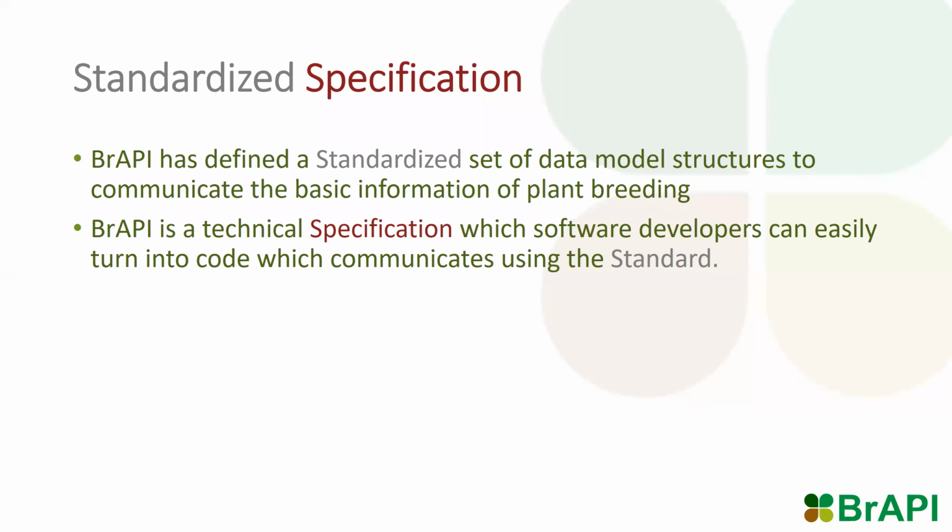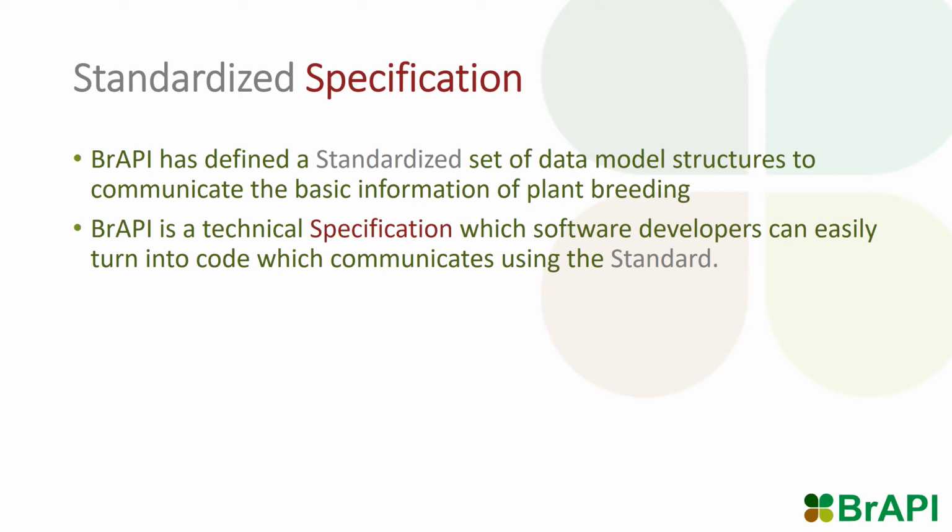And the last two from our definition earlier, standardized specification. This is the key part about BrAPI. First of all, it's a standardized set of data models. BrAPI acts as a standard within the plant breeding community. It's an open standard, so that everyone can use it and follow it.